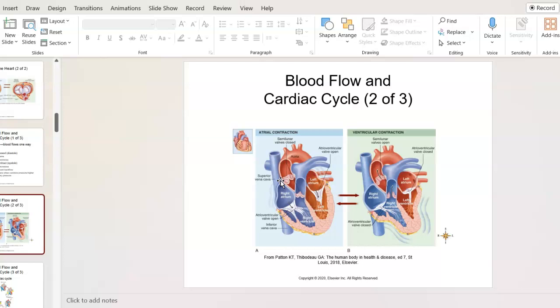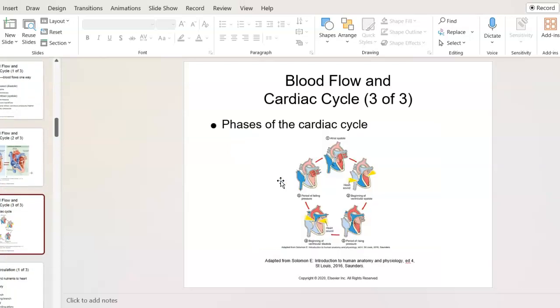That's basically the flow of blood going through the heart. And with that cardiac cycle, during diastole, blood will fill into the right atrium and the left atrium and trickle down into the right and left ventricle, and during systole, the right and left ventricle will be contracting and push the blood out to the lungs and to the body.